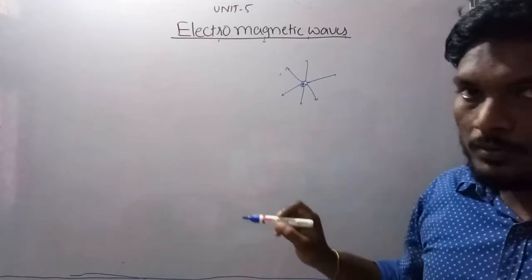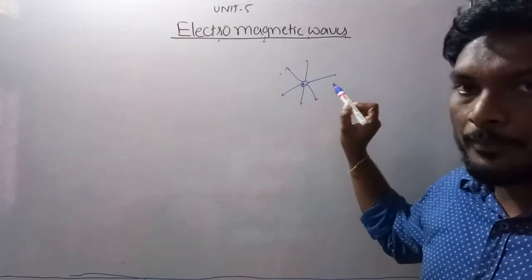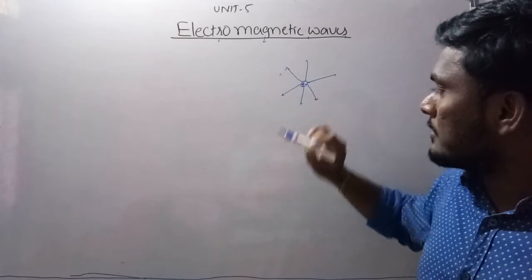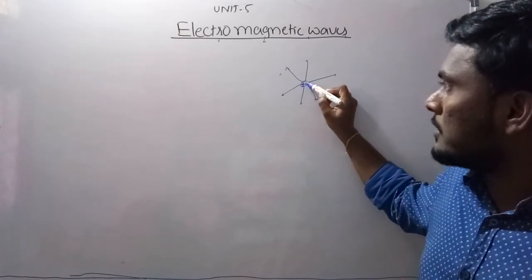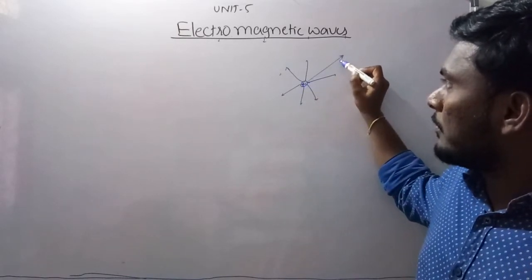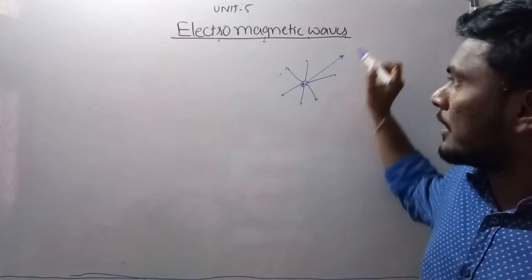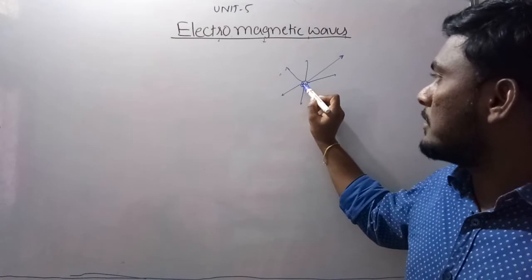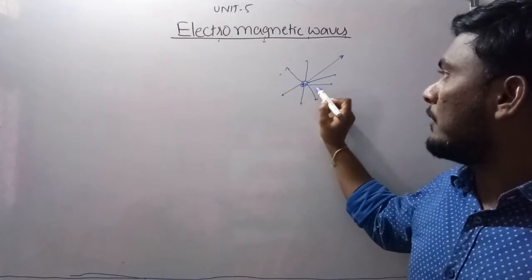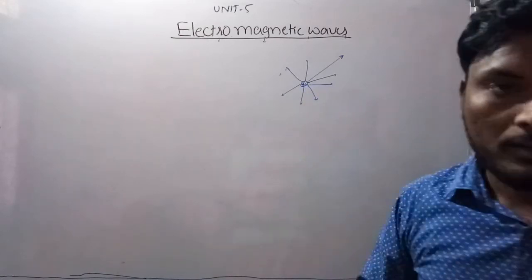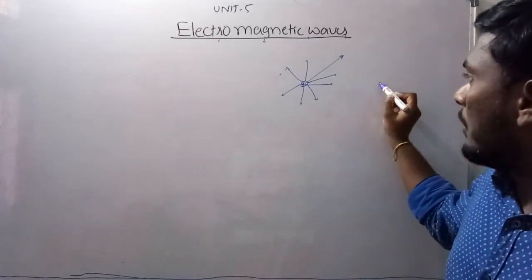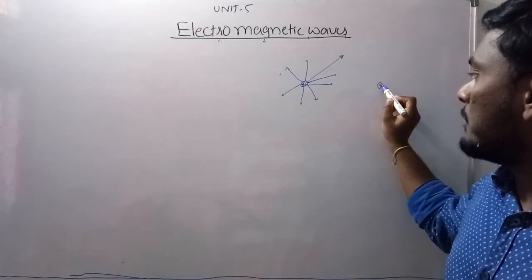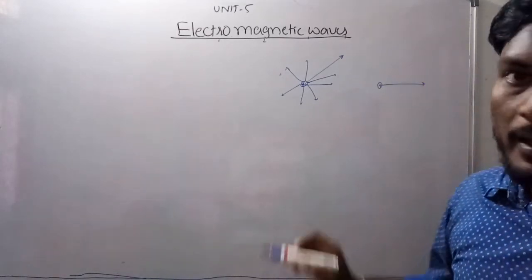Whenever the charge moves in this direction, the field direction will be like this. You already know that the movement of charge constitutes current.